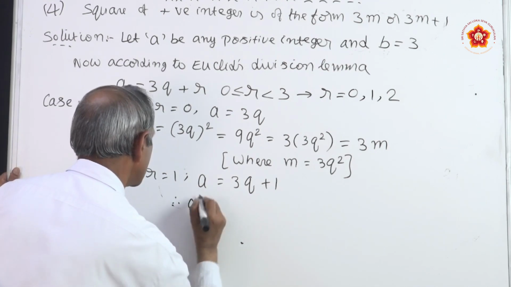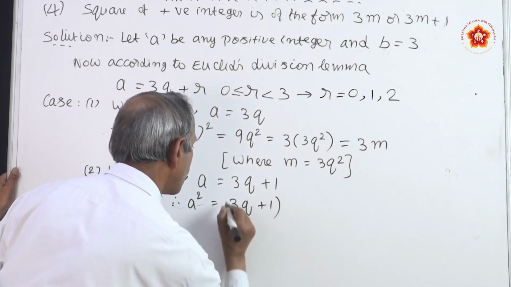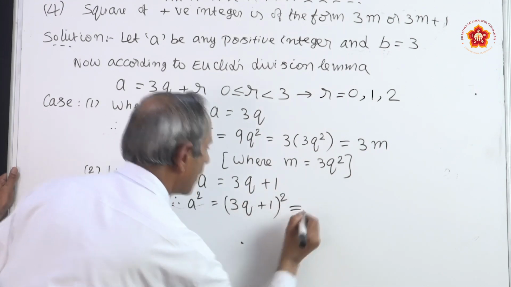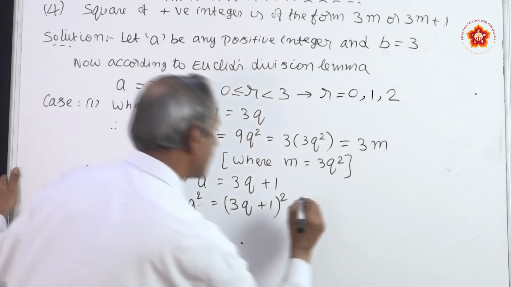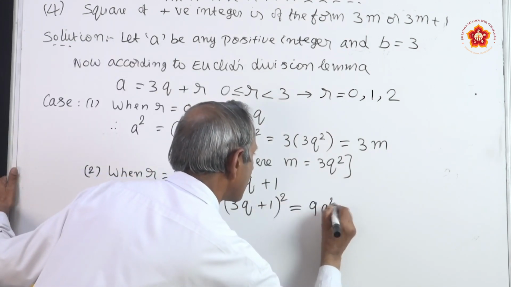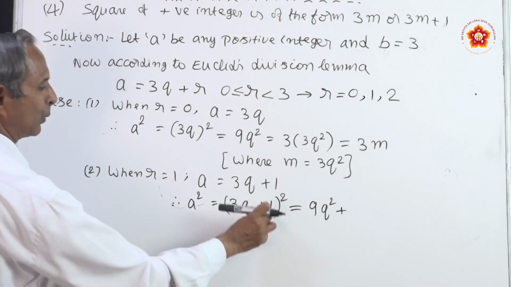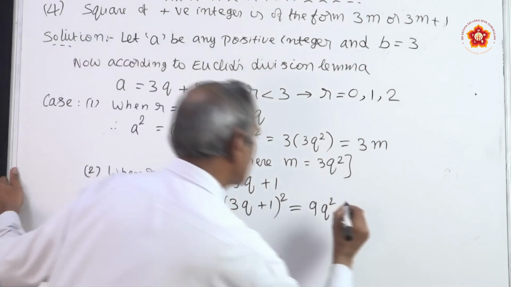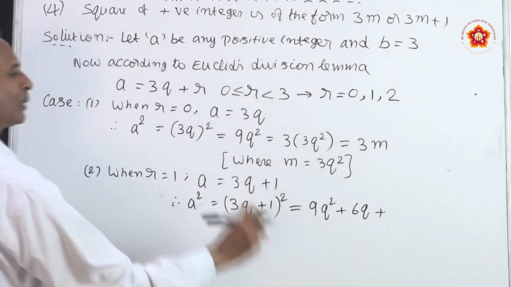Therefore, a square is equal to 3q plus 1 whole square. Now, expand it using the a plus b whole square formula. You will get 9q square plus 2ab, that is 2 into 3q into 1, which is 6q, plus 1 square, which is 1 only.